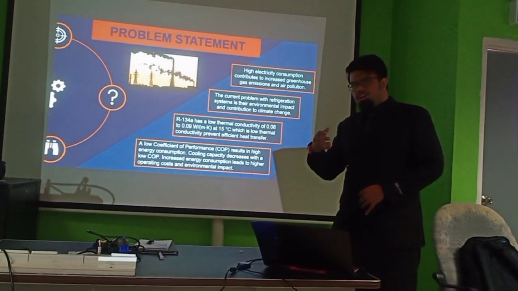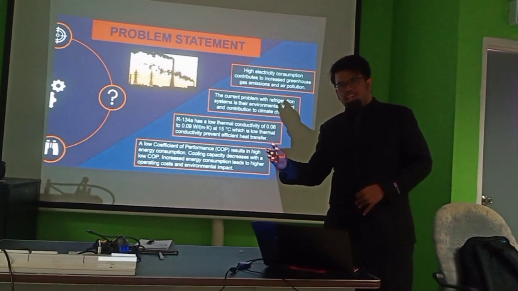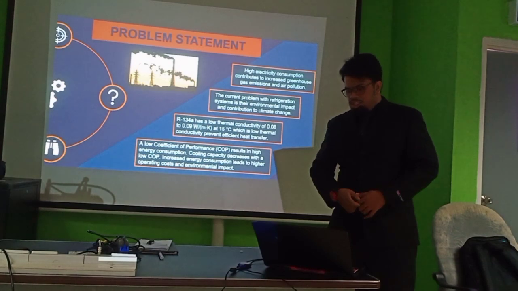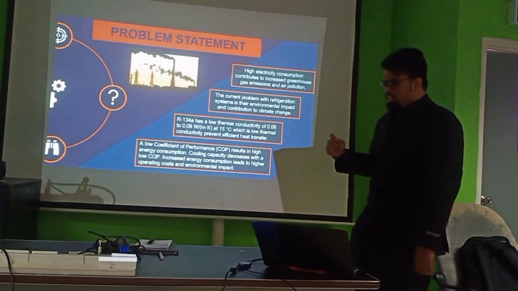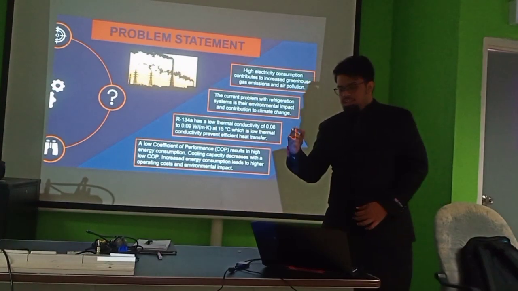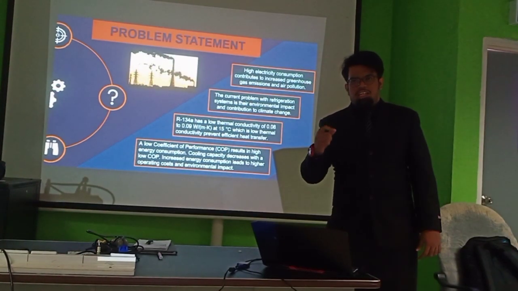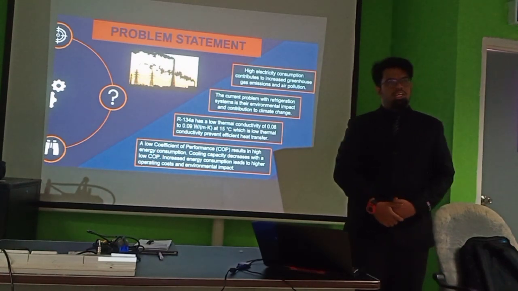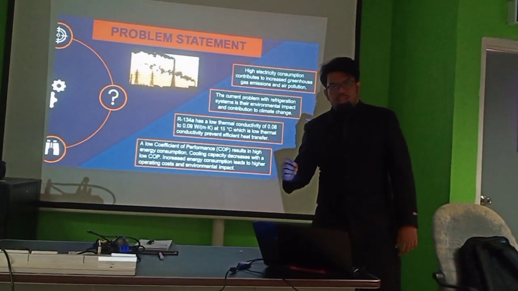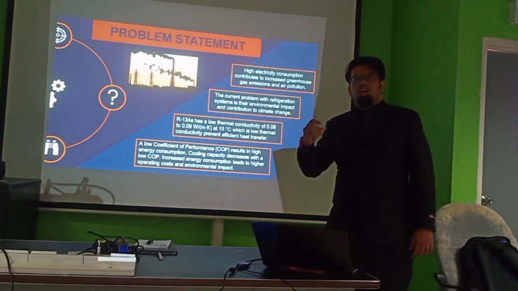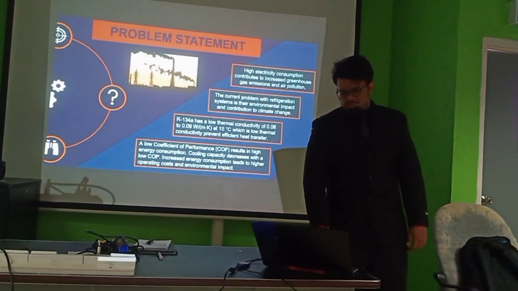Some researchers anticipate that by 2050, the amount of electricity used, especially by refrigeration systems, will increase by more than 30% from the current 70% usage.